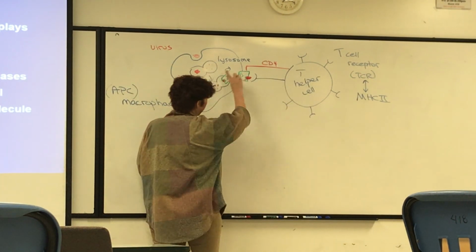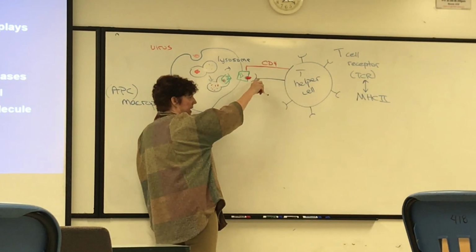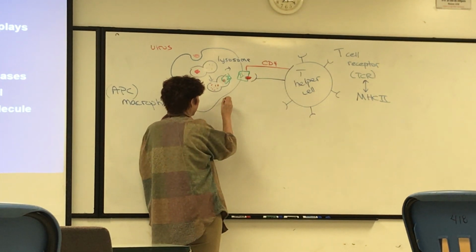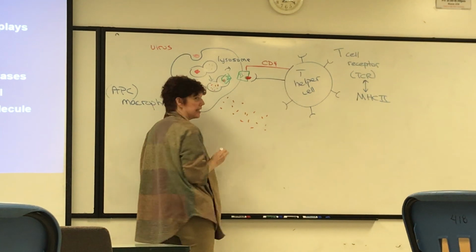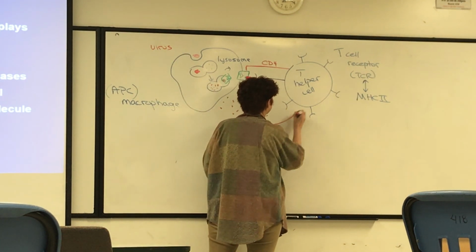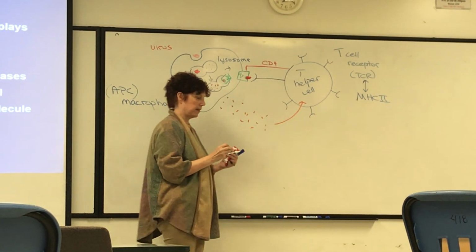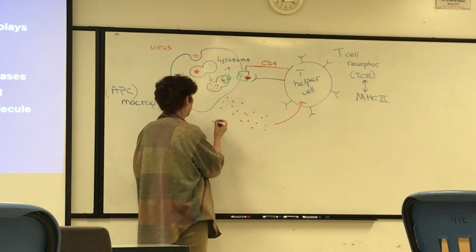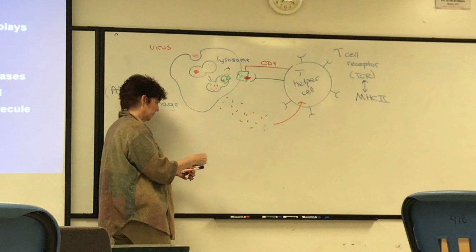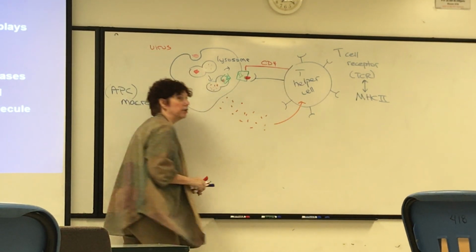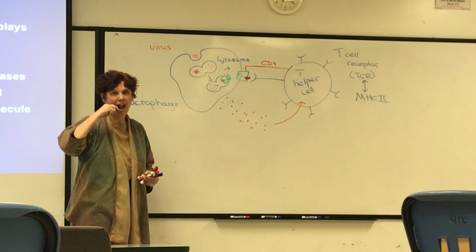So now, because of this interaction between the CD4 and the B7 and the CD28, the macrophage releases these molecules that are internalized by the T helper cell, and these are called interleukin-1. Interleukin means between white cells.